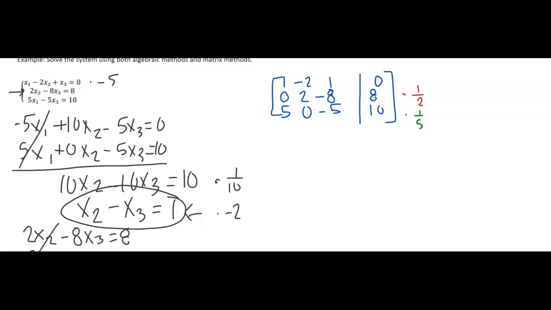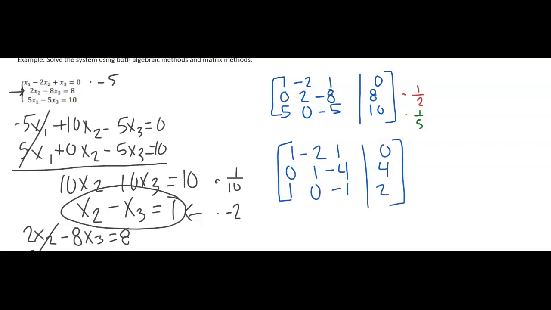So let's go ahead and do both of those row operation steps. Nothing happened here to row 1. I'm going to essentially divide everything in row 2 by 2. And then I'm going to divide everything in row 3 by 5. And that's called that scaling operation.